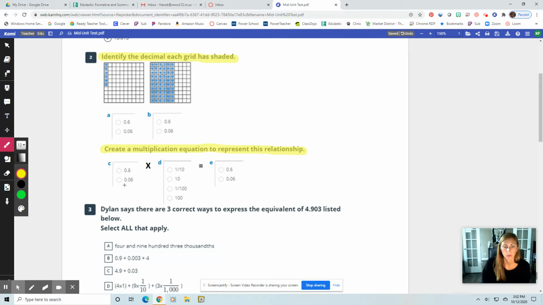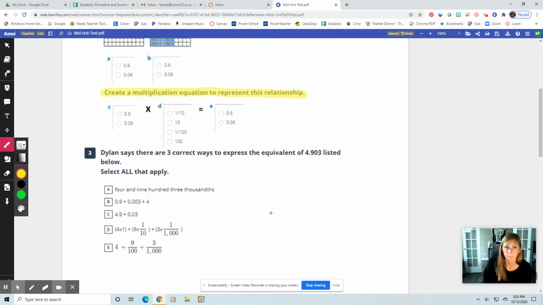So which two numbers are you going to select to be multiplied by what that would give you one of the other numbers? Okay. So you can pause and figure that one out and get ready to move on to number 3.